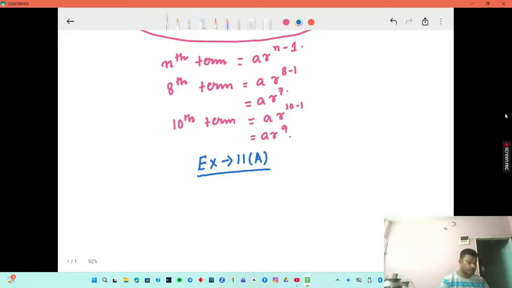Here the first term of the GP is given as 8.